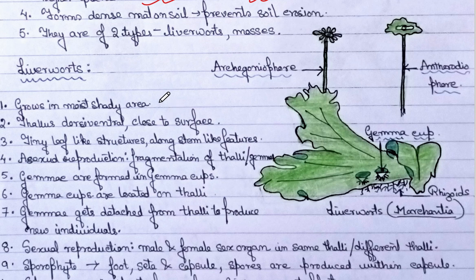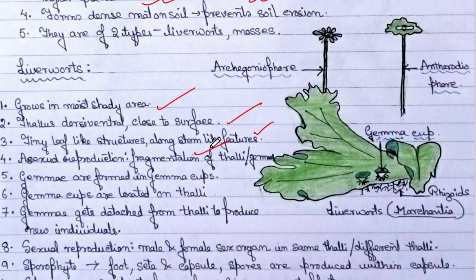So what are the characteristics? They grow in shady areas. Thallus is dorsiventral and present very close to the surface. Tiny leaf-like structures along stem-like structures. So as I told, they lack true leaves, true stems.